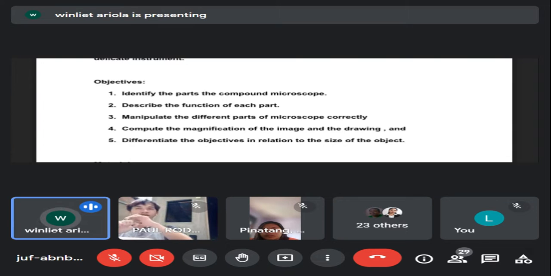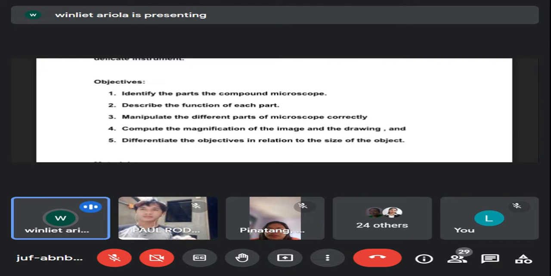So what is the magnification of the scanner? 4 times. And then the LPO is 10 times, while the HPO is 40 times. Okay? So again, ang scanner 4 times, ang LPO 10 times, ang HPO 40 times.